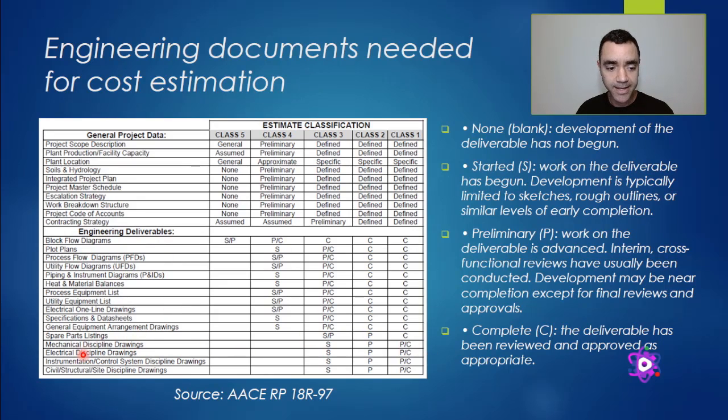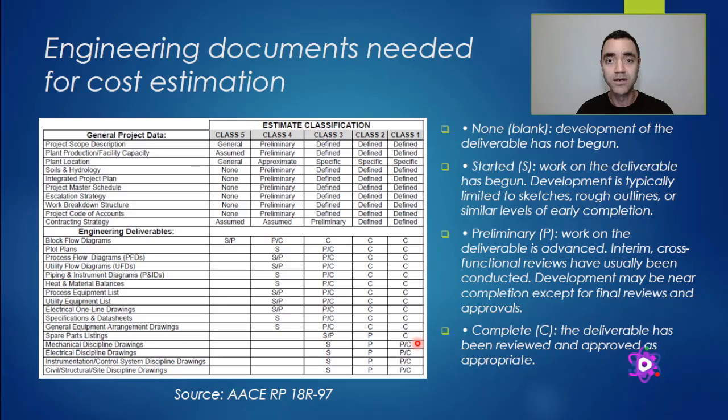And verify that some documents here, like mechanical discipline drawings, electrical discipline, instrumentation control, civil structure, can be in the preliminary stage, or they can be a preliminary issue, because this point here is considering the basic engineering or the front-end loading design engineering.